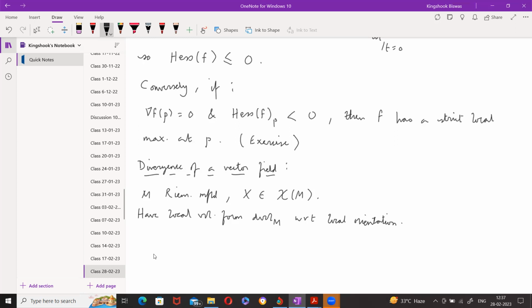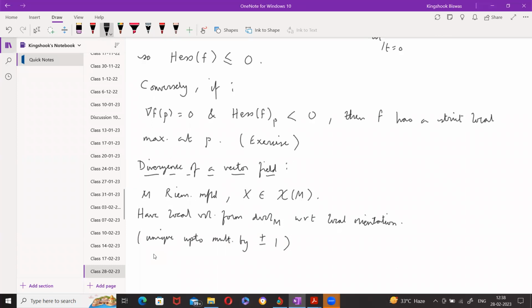So once I have a local volume form, it is unique up to multiplication by a sign: changing the orientation just changes the sign of the local volume form.